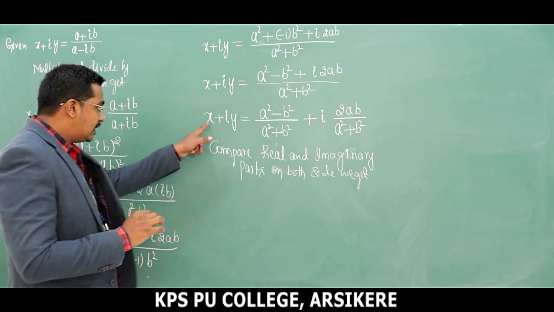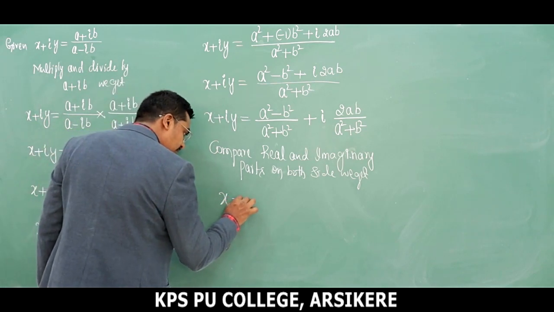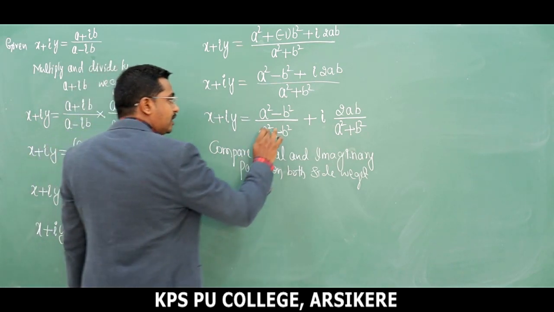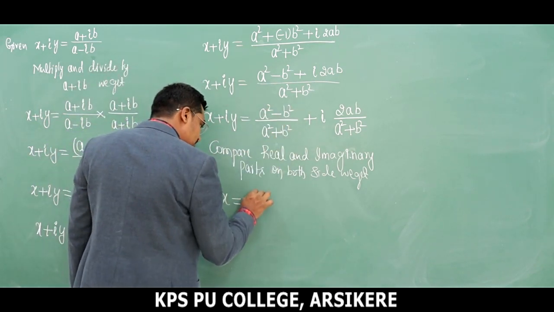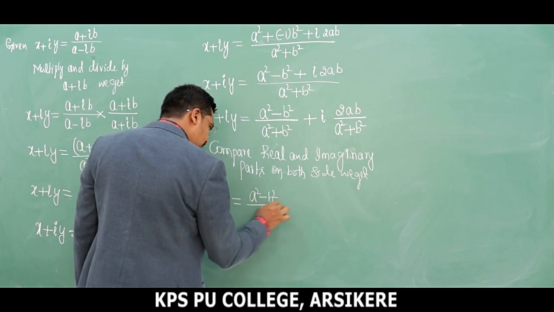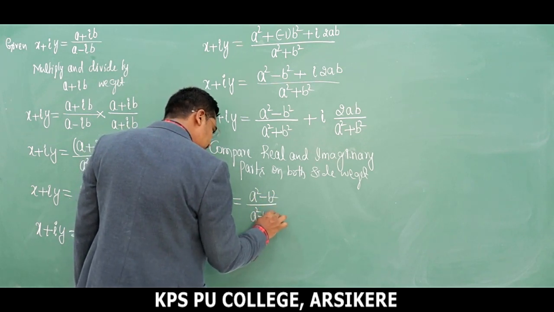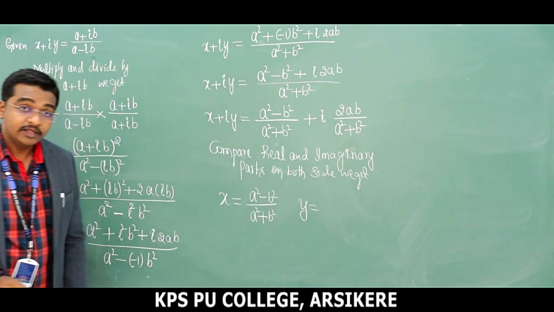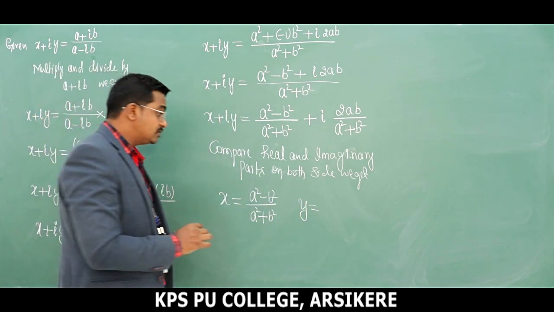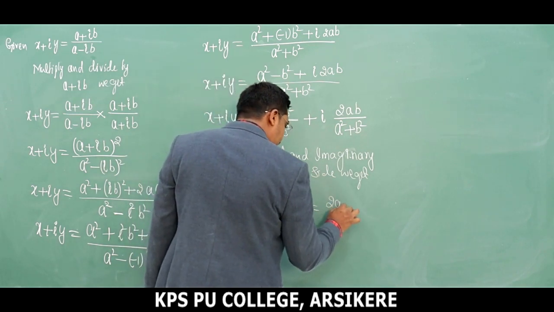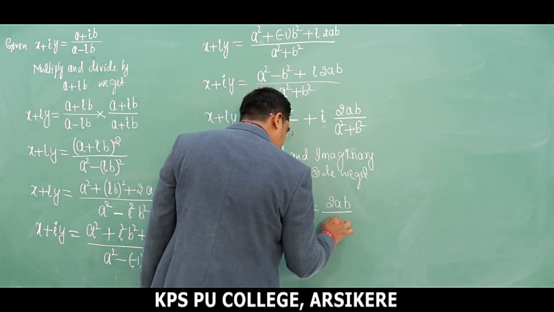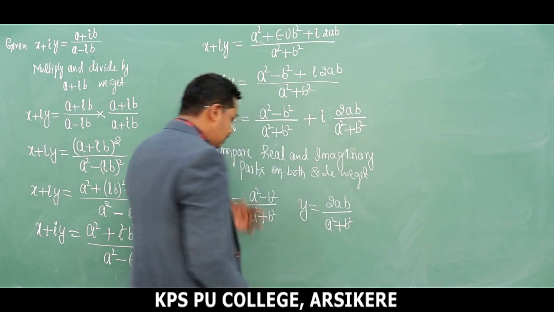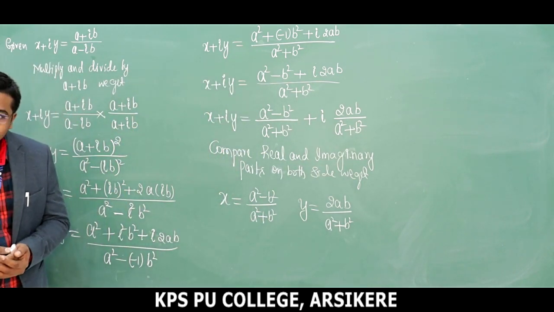Left side real part is x and right side real part is a square minus b square divided by a square plus b square, and imaginary part in left side is y and the right side imaginary part is 2ab divided by a square plus b square. 2ab divided by a square plus b square.